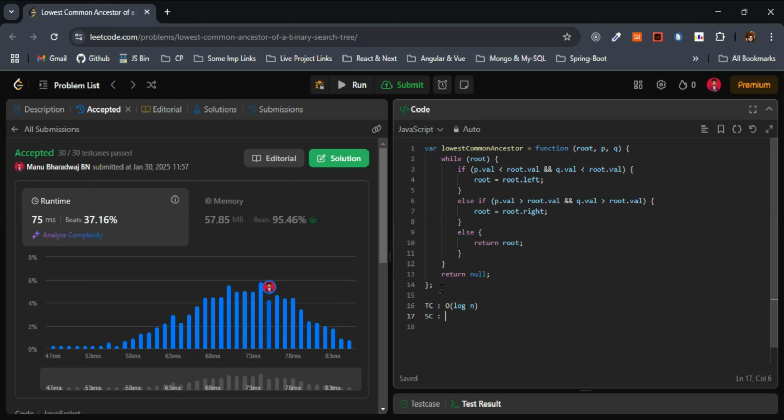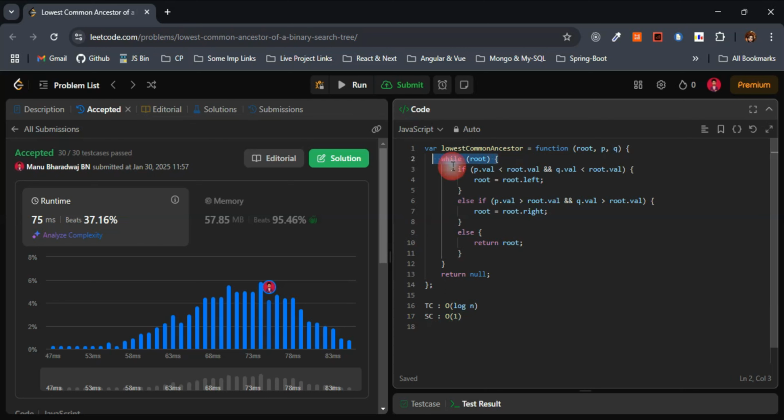So what would be the space complexity here? Overall space complexity would be big O of 1. Why is the overall space complexity big O of 1, not big O of n in this case? We are not making use of any extra space since we are just making use of the iteration.